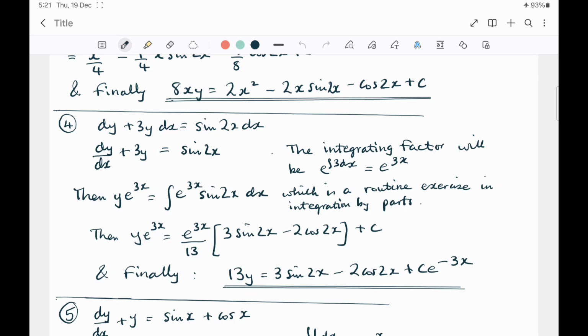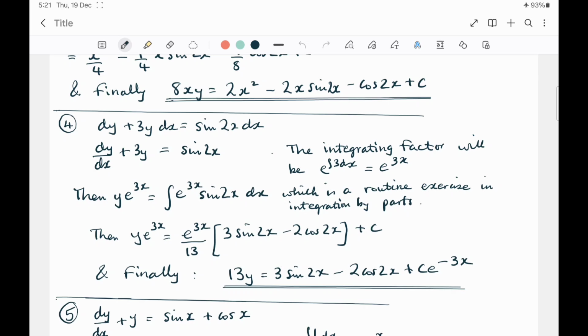The integrating factor will be e to the integral 3 dx, which is e to the power 3x. And then y times e to the 3x equals the integral of e to the power 3x times sine 2x dx, which again is a routine exercise in integration by parts.